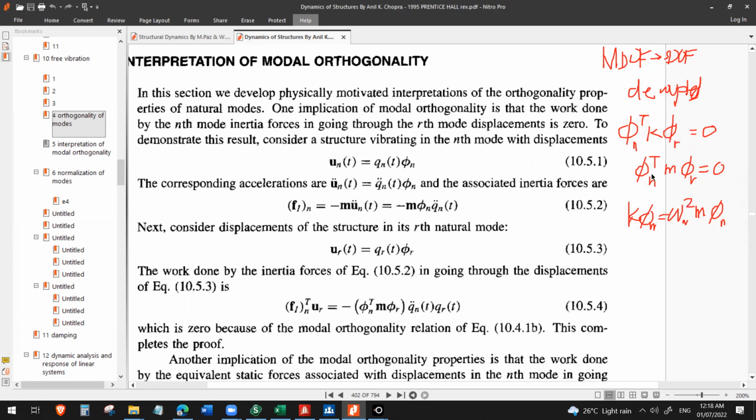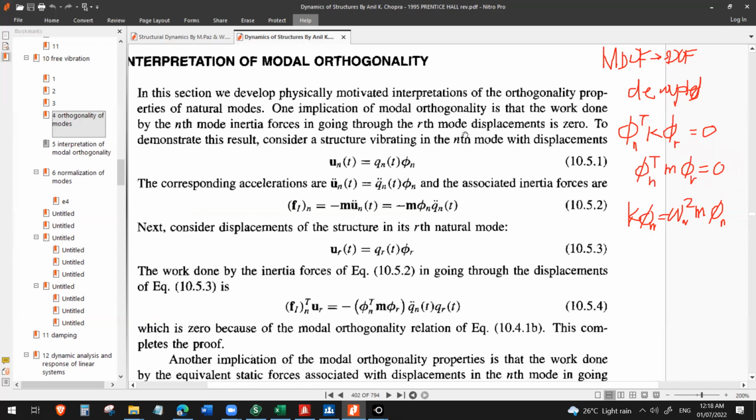So which is same concept. So the work done by the nth mode, ito nth mode, going to the rth mode, so pag pinagsama mo sila, that will be zero. Okay, yung work. Pero ito, this is a different formula.